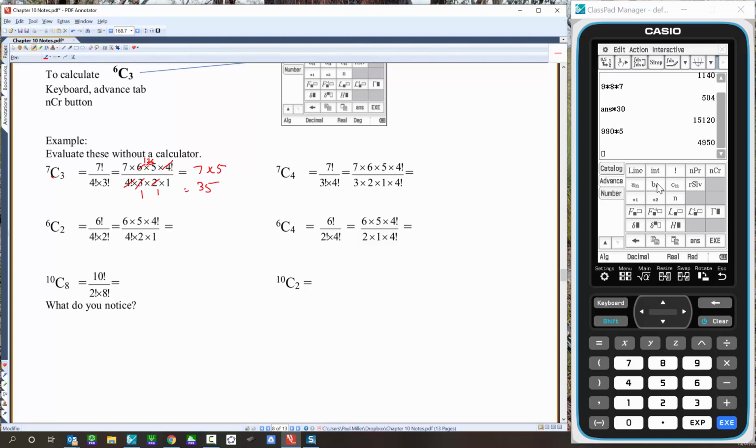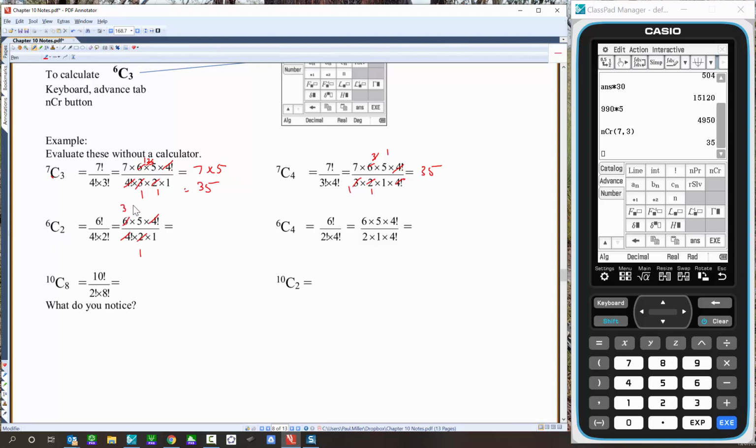Now, you can do this on the calculator as well. So here's nCr, and you choose 7, 3, which is 35. Okay, 7 choose 4. The 4s cancel out. 1, 1, 35.